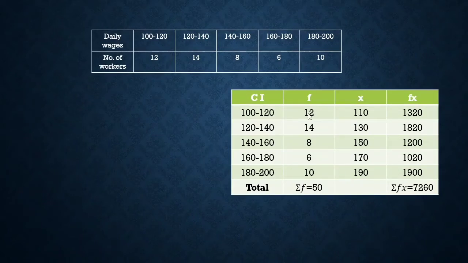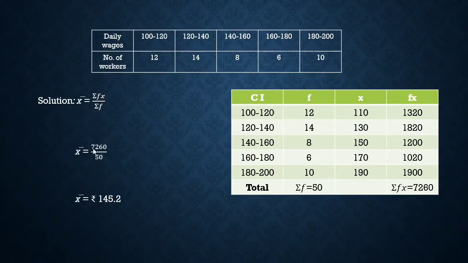So, taking the product f into x, 12 into 110 is 1320, 14 into 130 is 1820 and so on, we have all the values of fx. Now, adding all the values of fx, we get summation fx is equal to 7260. To calculate the mean, we know the formula, mean is equal to summation fx by summation f.